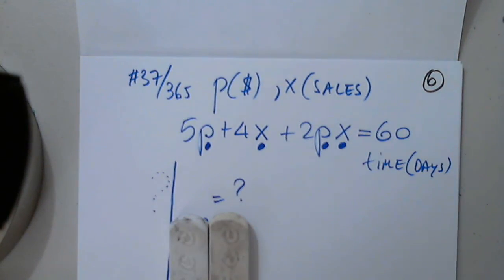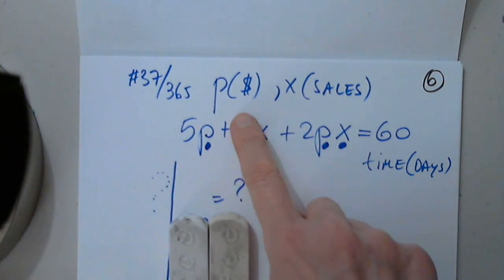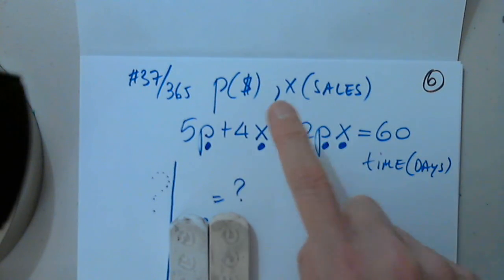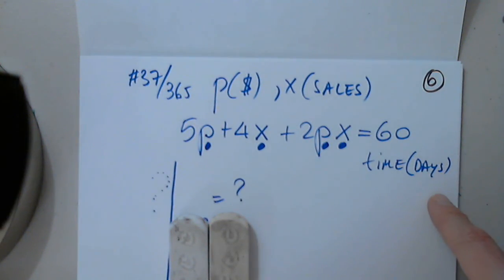What am I asked to determine? Let's read it one more time. Suppose that the price is in dollars and x is sales, time is in days. This is the relationship we are looking at. P and x are both functions of time, and the time is measured, as I said, in days. Find the rate at which x is changing when.